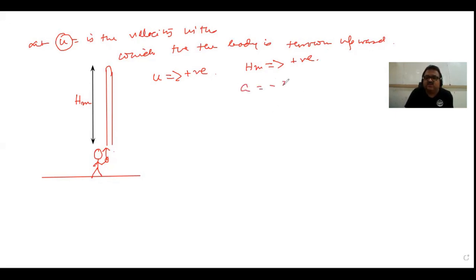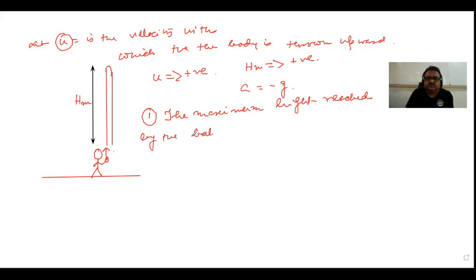a equal to minus g always. So first of all, let me try to find out number one, the maximum height reached by the ball. So look, in this case, which equation I have to use?